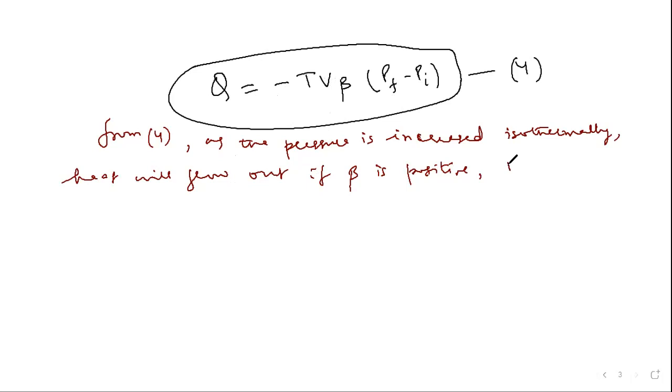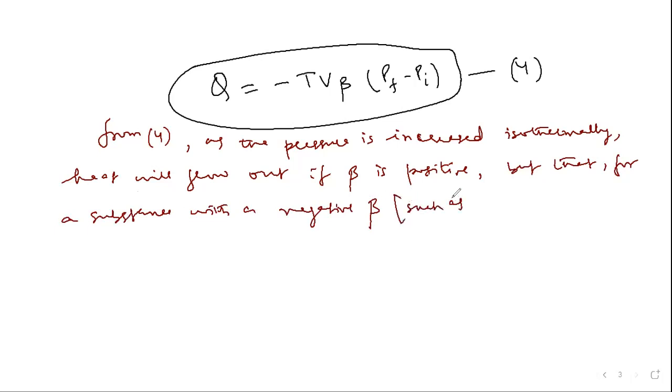But for a substance with a negative beta, such as water between 0 degree and 4 degrees Celsius.